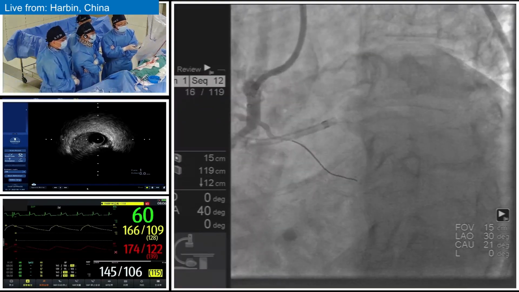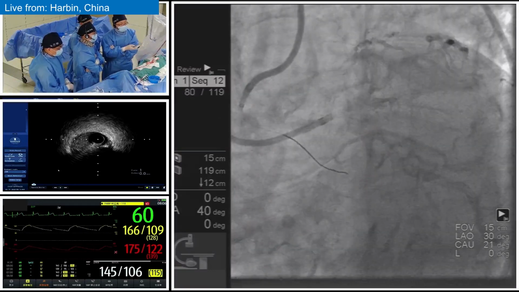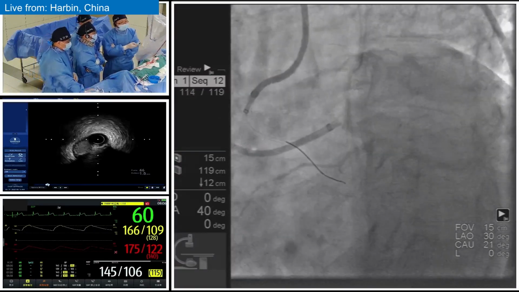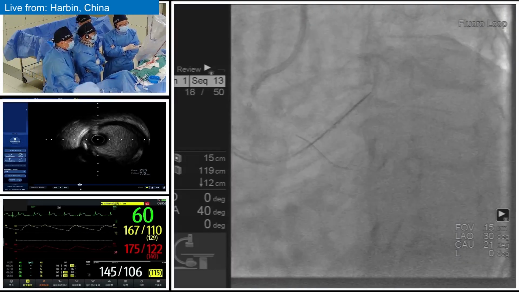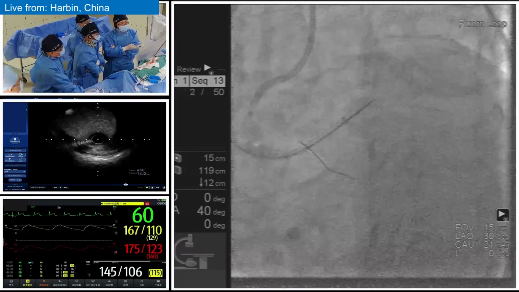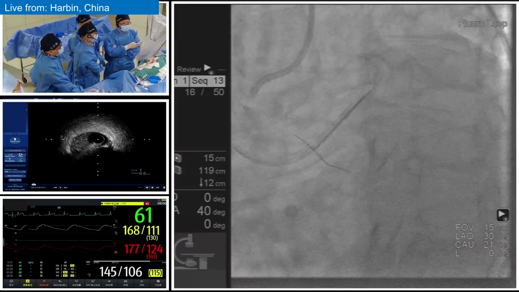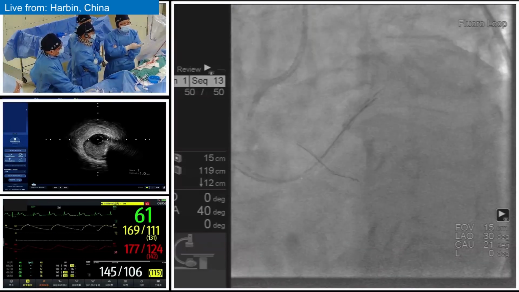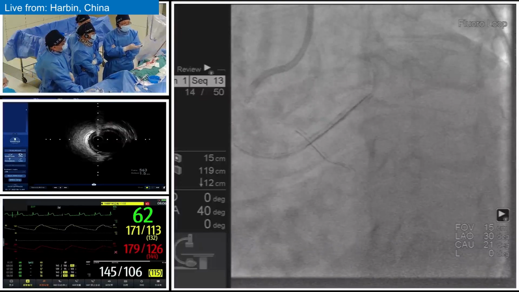And this is a spider view. We can see the distribution of the diagonal branch. Firstly, we like to put a workhorse wire in the circumflex to keep the whole system stable. Then a Corsair microcatheter was used.